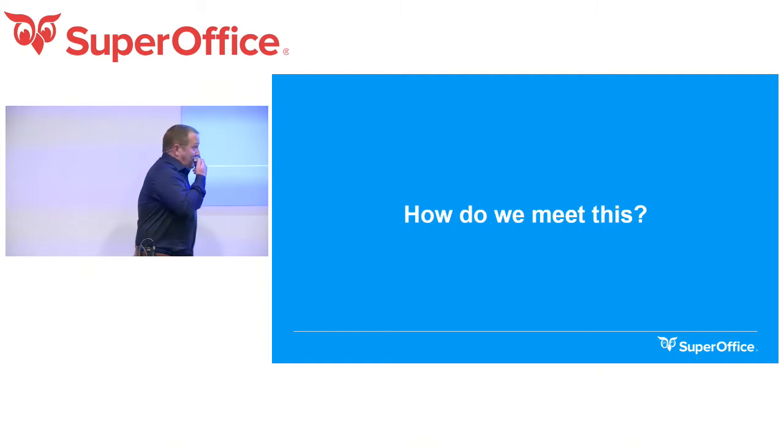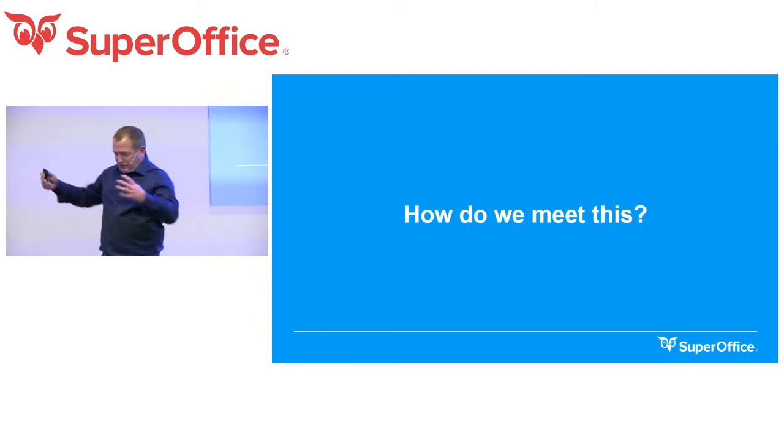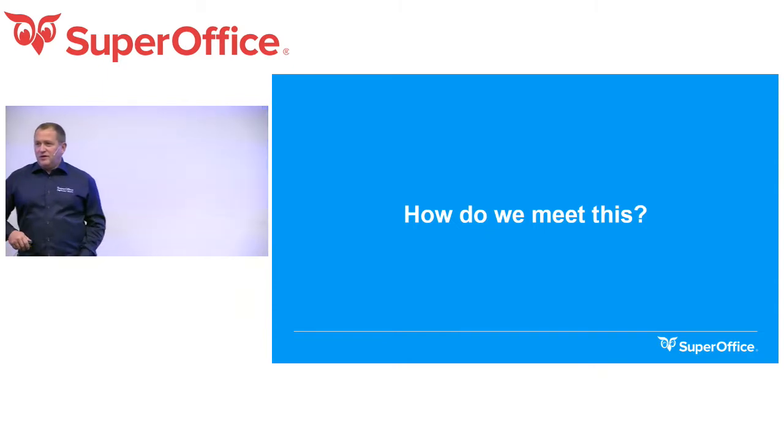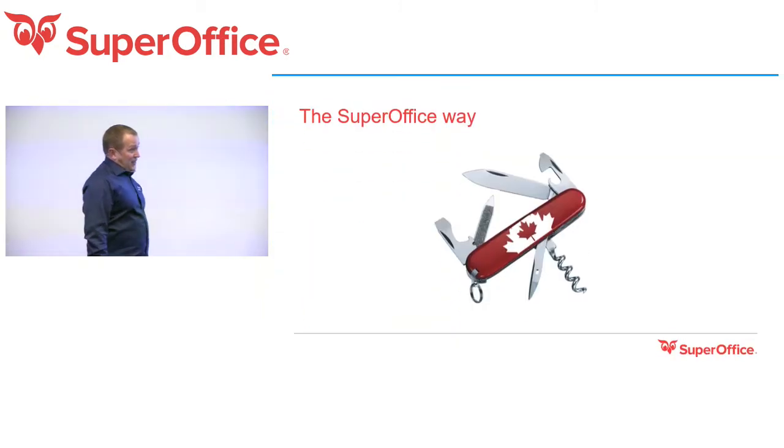And yeah, give me this robot and these buzzwords and sit down and find out what to do. Yeah, that's easier said than done. But we do it as we always do it. We do it the SuperOffice way.